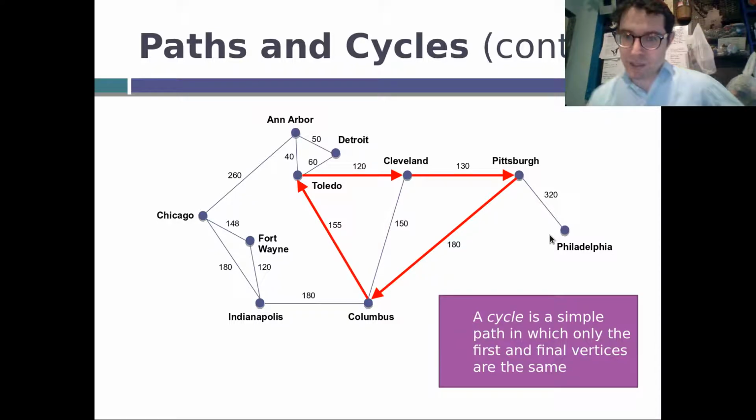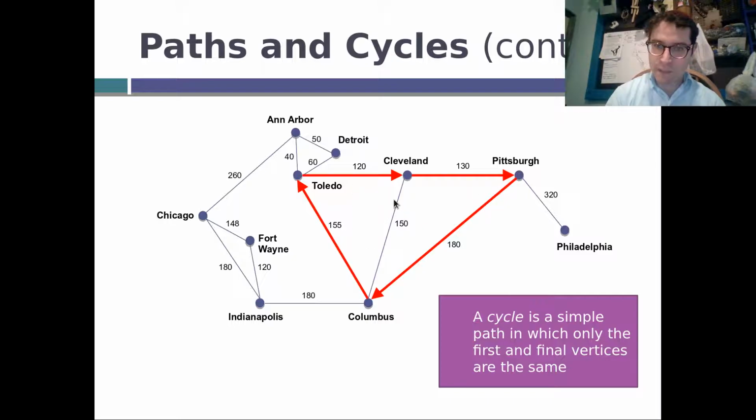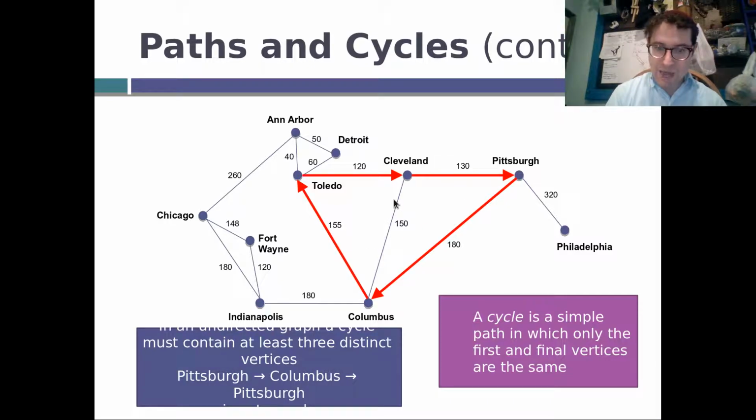So the other thing is cycles. A cycle is a simple path where the first and final vertices are the same. So Pittsburgh, Columbus, Toledo, Cleveland, Pittsburgh. This is a cycle. Where does it start? In this graph, it starts at any of these locations. You need to have 3 vertices to be a cycle, right?